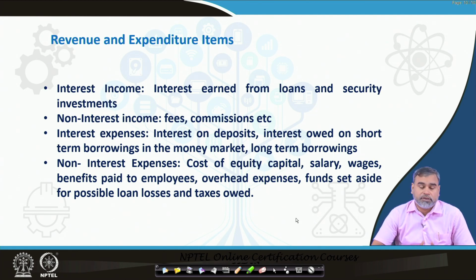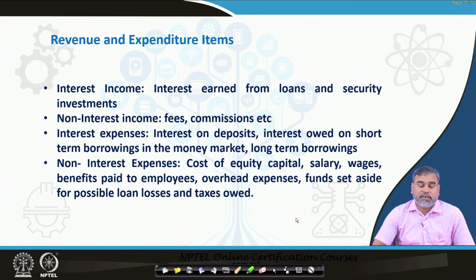Mostly the banks' bonds are secured bonds. Then the non-interest income. Non-interest income means that apart from lending and investment activities, banks also provide consulting services and some balance sheet services. Against that they charge fees and commissions, and that is a part of the non-interest income.